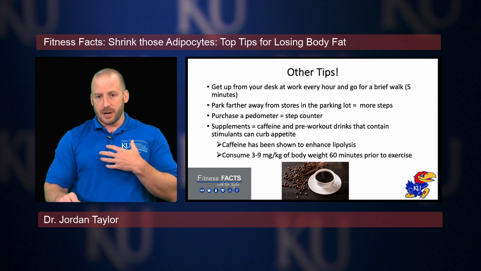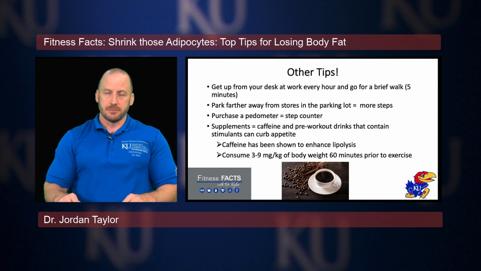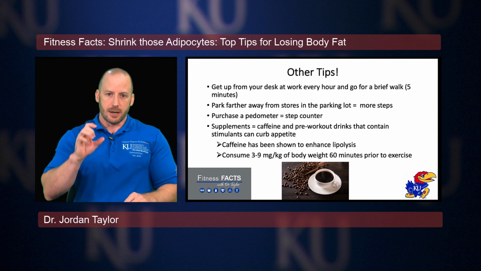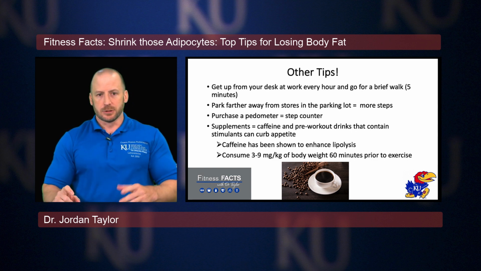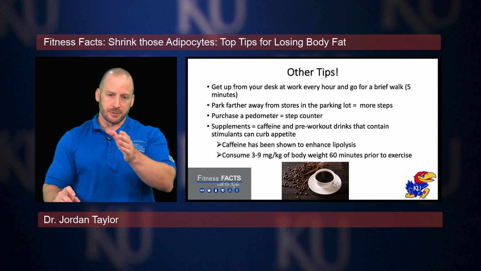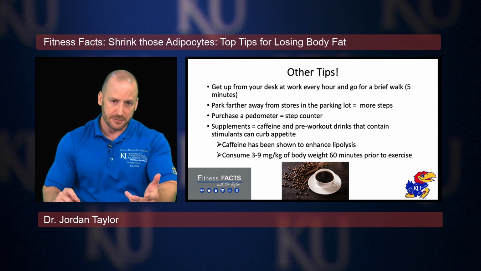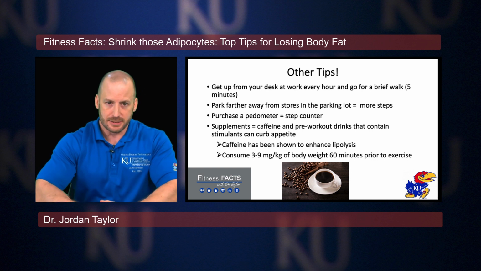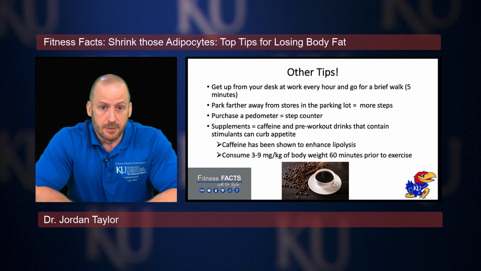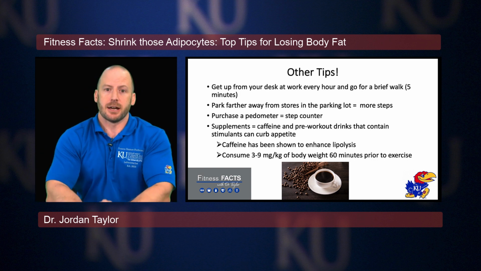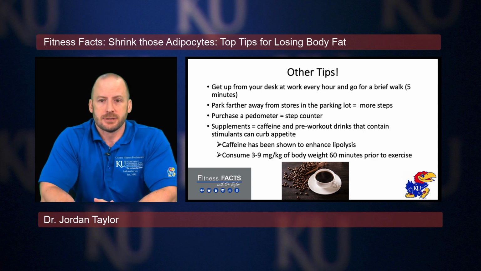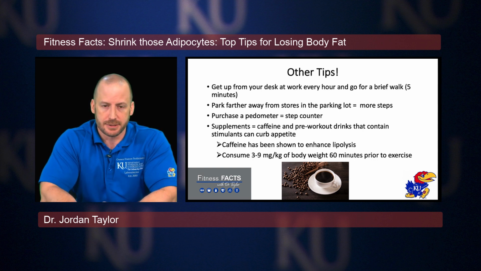So to figure my body weight in kilograms, I would take 170 pounds, divide that by 2.2, that'd give me like 77 kilograms, something like that. I would take my kilogram weight of 77 and multiply that by a number that's between 3 to 9 milligrams. So I'll just say 5. That would give me an estimated effective dose of caffeine that I should consume 60 minutes before I exercise, okay?